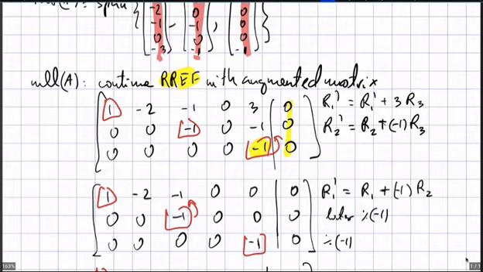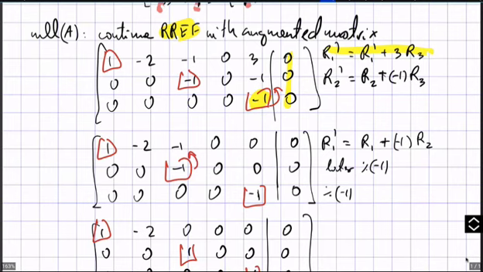We zero out the entries above the pivot. So for the first row, we do row 1 plus 3 times row 3 to get 0 there. For the second row, we do row 2 plus minus 1 times row 3 to get 0.